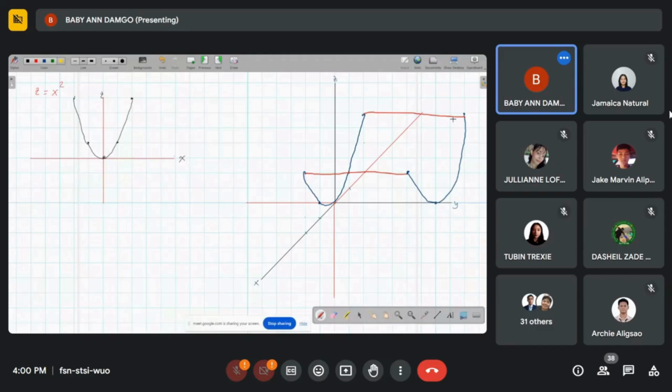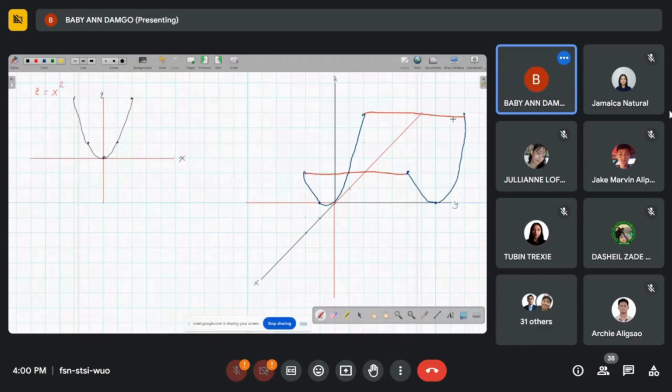And then if we form the parallel, so mao ni siya. This one. Okay, and then here. This one. Okay, so we have the graph of z is equal to x squared. So, ingani iyahang graph. Question? May question? Class?